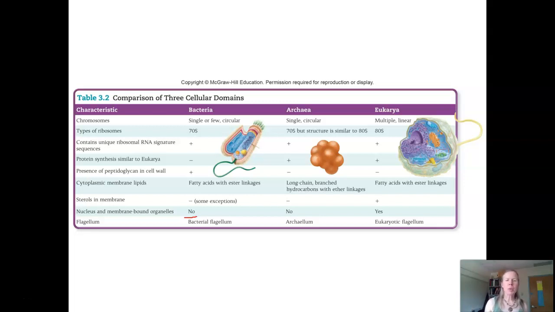One of the things we point out often is that typically there's just one bacterial chromosome, where we're used to, say in humans, 23 pairs of chromosomes. And the bacterial chromosome is also circular, where we are used to linear chromosomes in humans, in the eukarya. So there's a few things here that are really different.